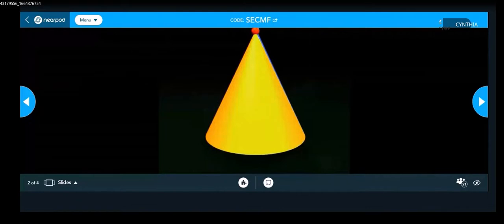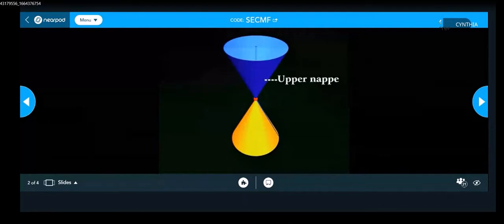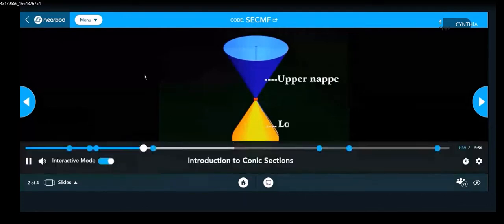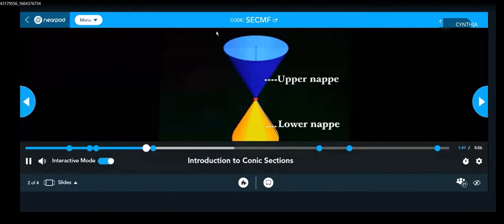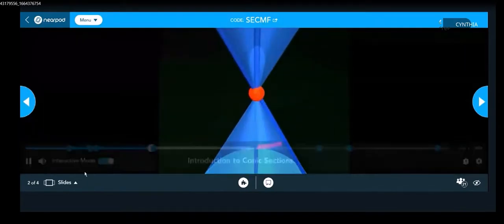A double right circular cone has two naps. The nap above the vertex is called the upper nap, and the one below the vertex is called the lower nap. Also, the angle between the generator and the axis is called the vertex angle.